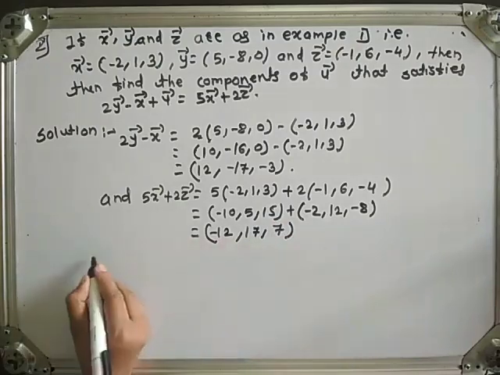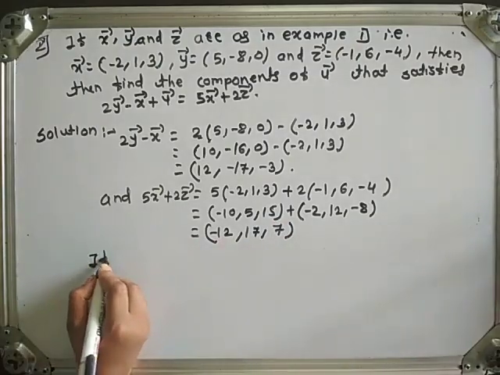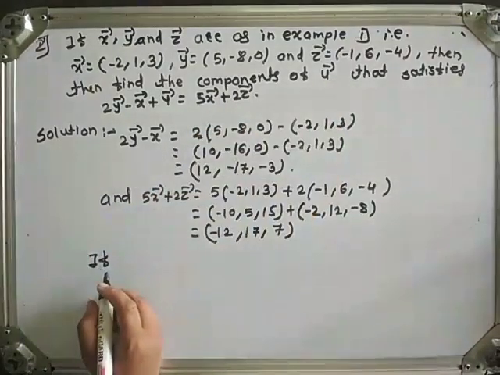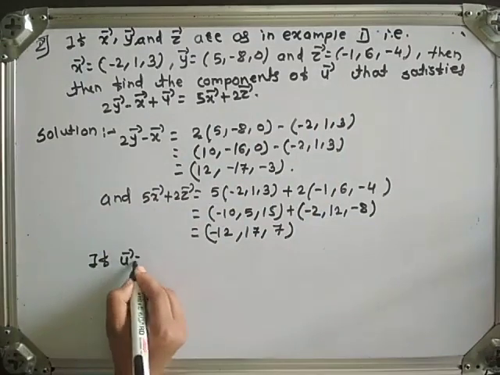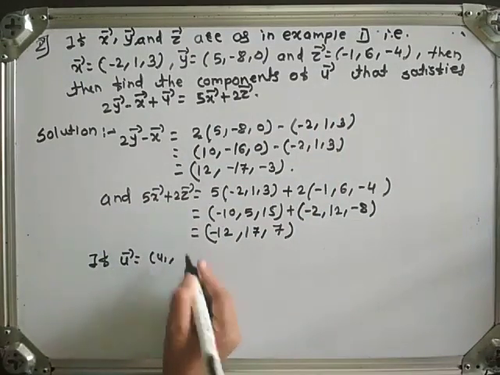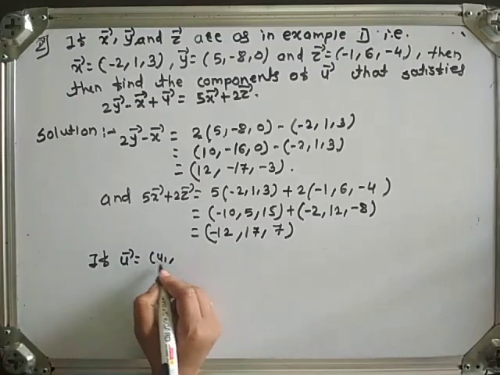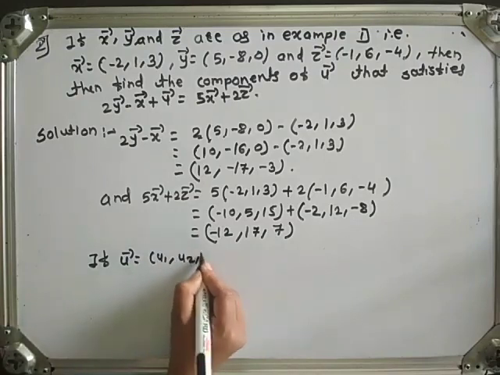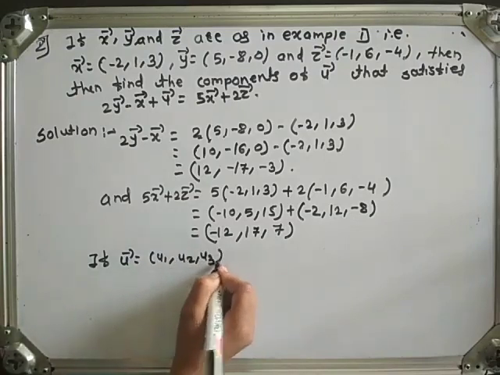Okay. Now we have to calculate the components of u bar. Suppose u bar is the vector (u1, u2, u3).